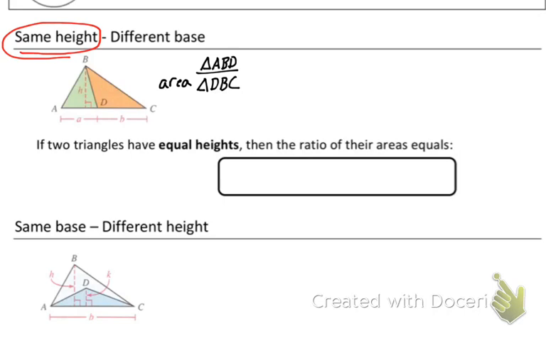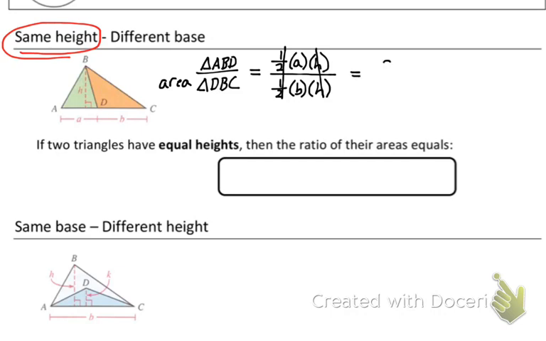So if I'm doing the area of ABD, that's the one on the left, I'm going to do half my base, which is A, times my height, which is H. For DBC, I'm going to do half my base, which is B in this one, times the exact same height. But when I put them on top of each other, we're going to note that the h's cancel, and the halves also cancel.